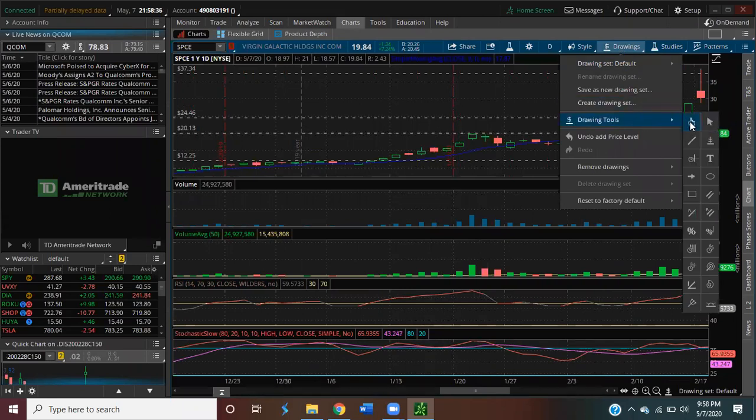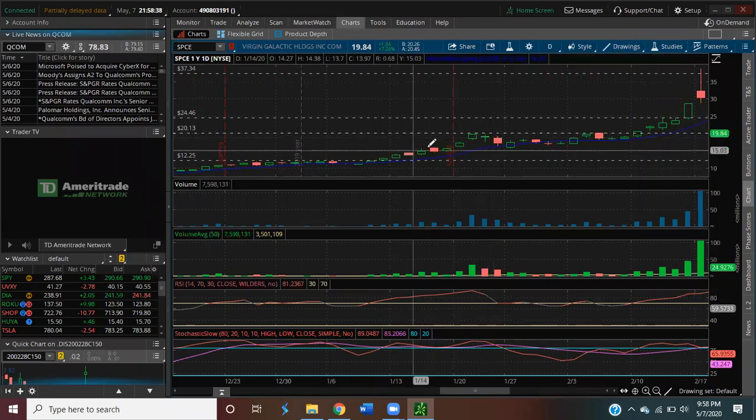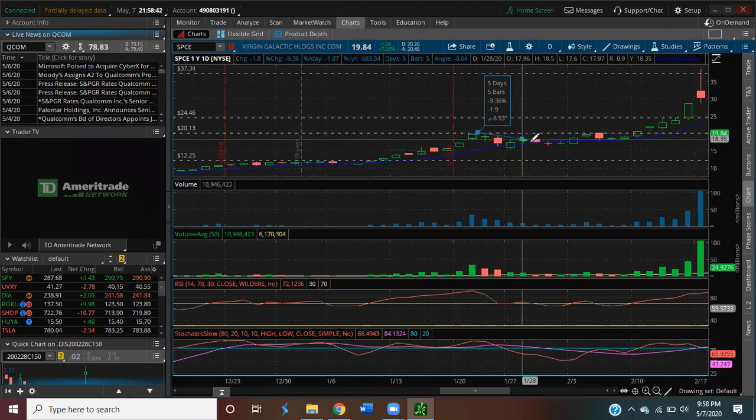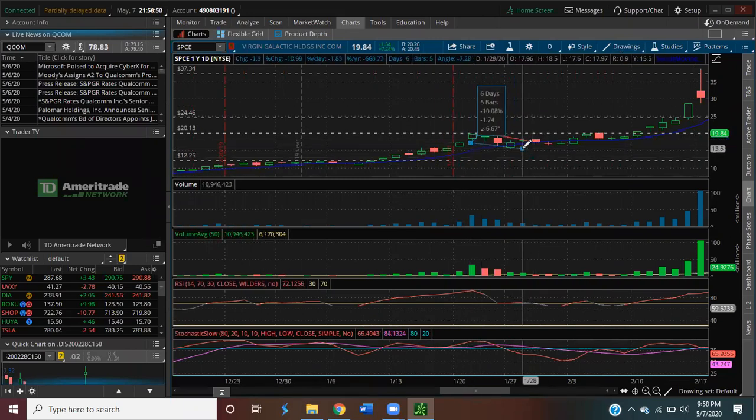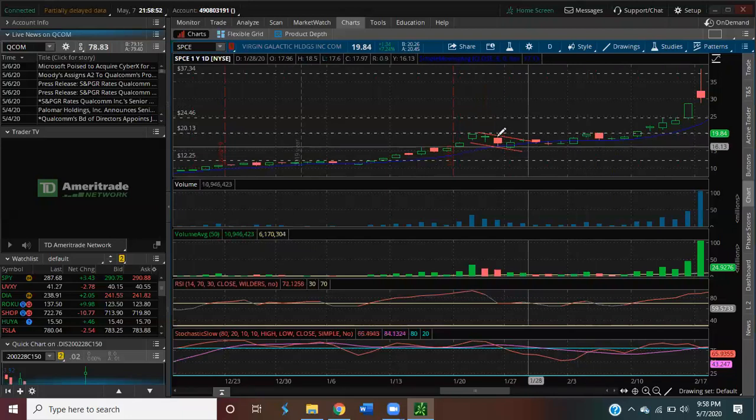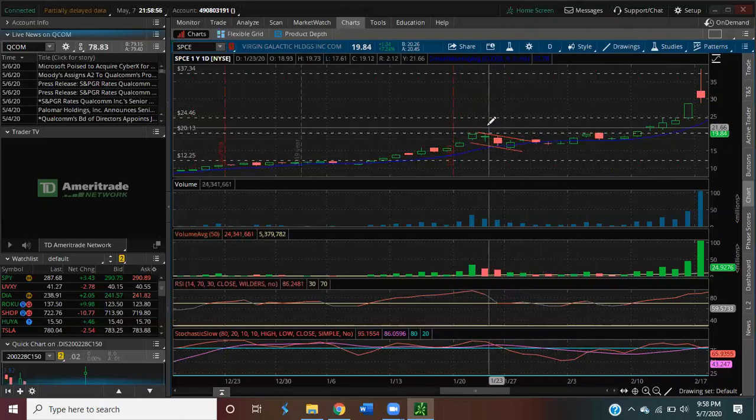The pullback pattern in this instance is called a bull flag, which you can kind of just see it here. And these patterns are just showing you that it's going to be a continuation if it proves to eventually break out or break above.